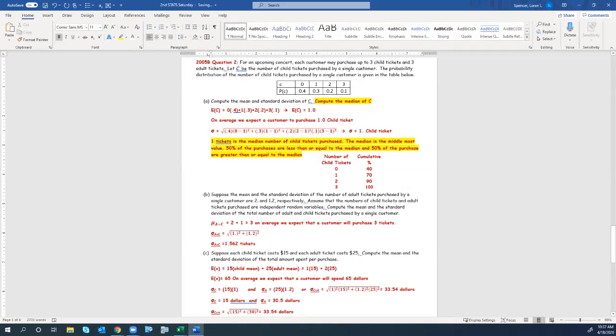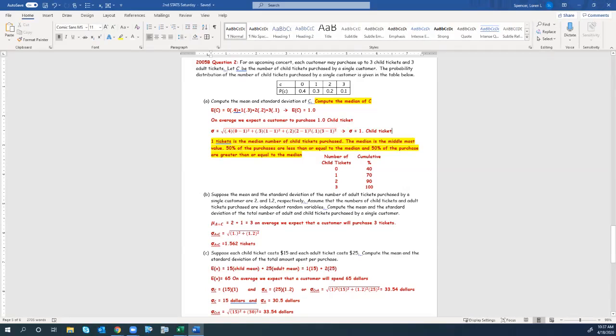S wouldn't even have shown up as a possibility. So 0.4 times 0 minus your mean, 0.3 times the 1 minus the mean, 0.2 times 2 minus the mean, and of course each one is squared. And that would be your work shown. That should have been a fairly easy one to get.